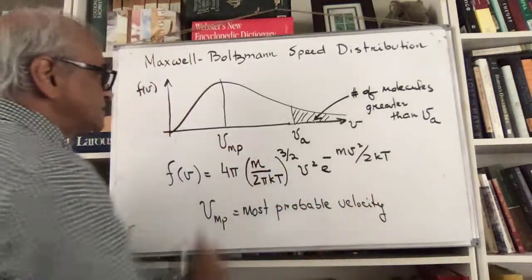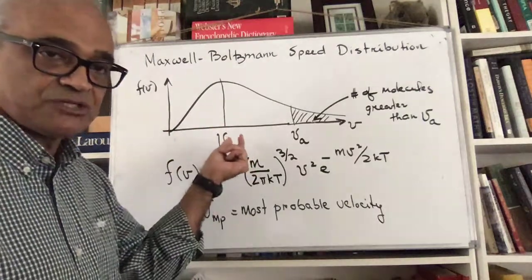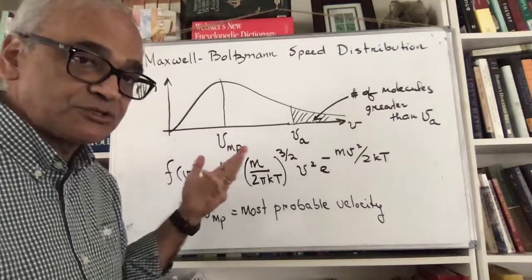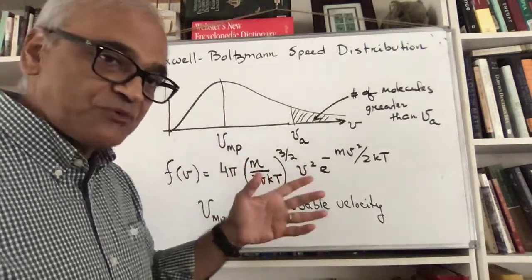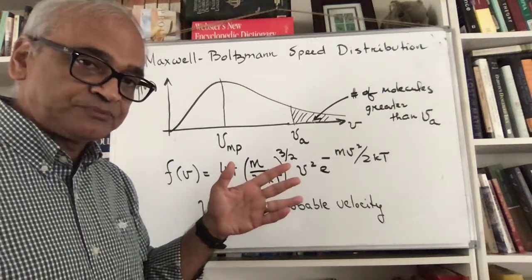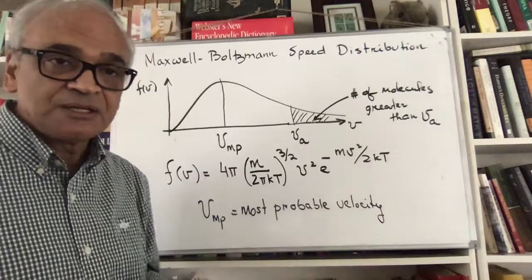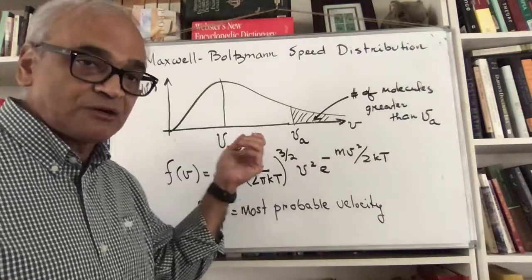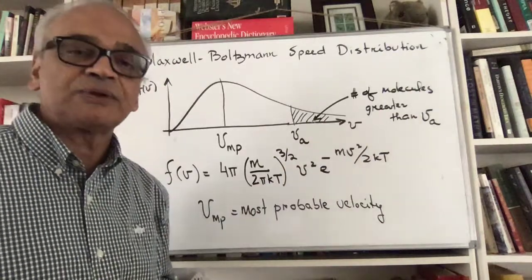Most probable because if you take a range right there, a range of velocities, maybe 300 to 400 meters per second, you would get most of the fraction of the molecules there. So maybe 20%. There would be more of them there compared to 10% or 15% or 5% or 0.1%, right?